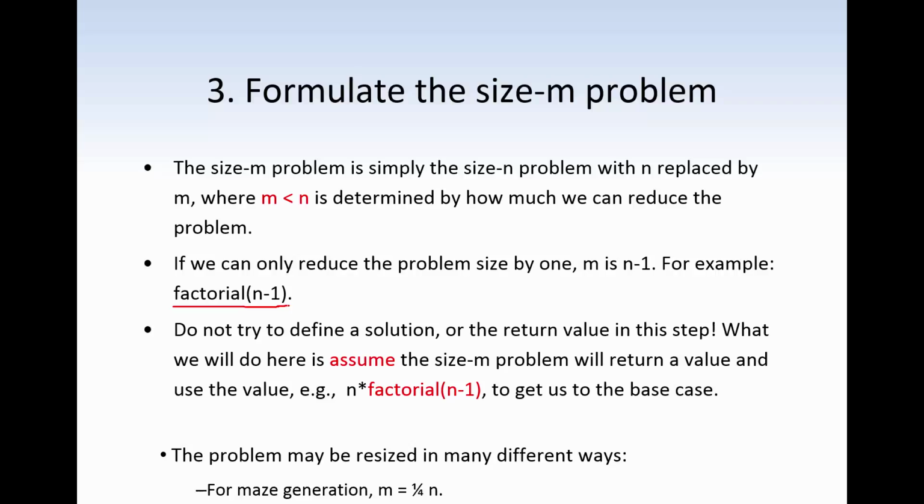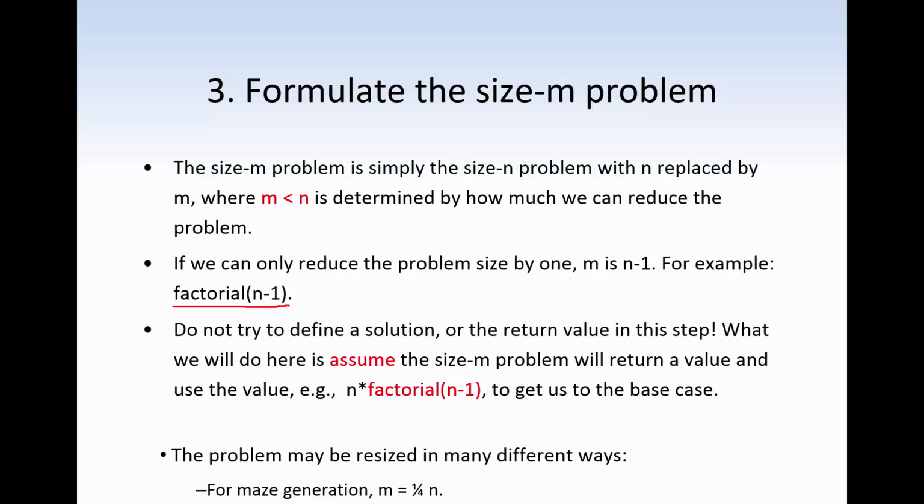But that's very specific to mathematical functions. In terms of other things, it's not going to be n minus 1. Real problems are much more complicated than that. For those of you who have already looked at the homework, depending on what semester you're watching this video, the homework is maze generation. You're asked to create a recursive algorithm to randomly generate a maze.